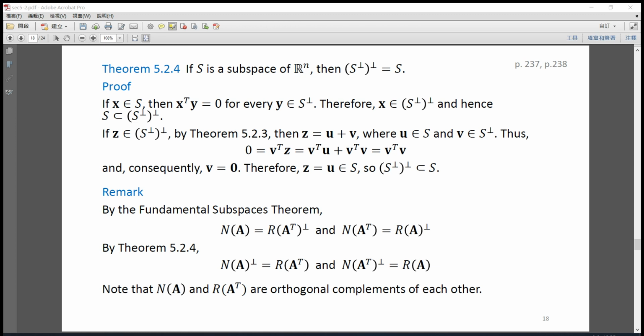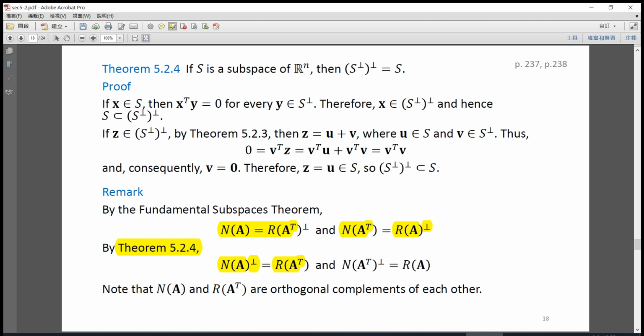Recall that by the Fundamental Subspaces theorem, we have the null space of A equals the perp of the column space of A transpose, and the null space of A transpose equals the perp of the column space of A. Then by Theorem 5.2.4, if we take perp on both sides, then we obtain the perp of the null space of A equals the column space of A transpose, because the perp of R(A transpose) equals R(A transpose).